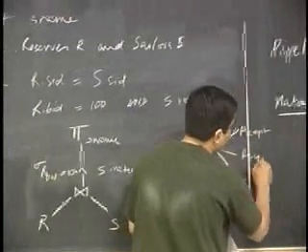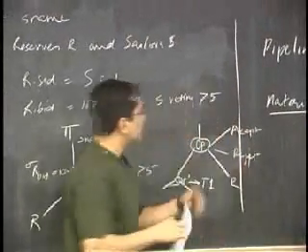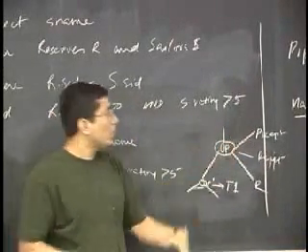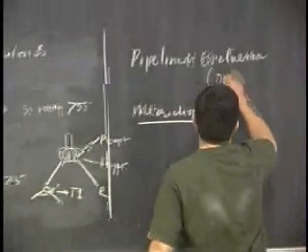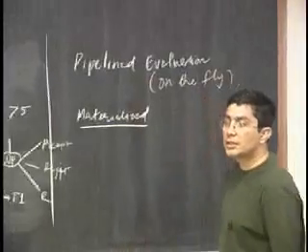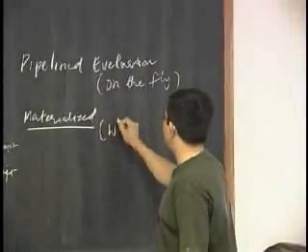Once this processing is completed, then it requests the next one. That is called on the fly or pipeline evaluation.